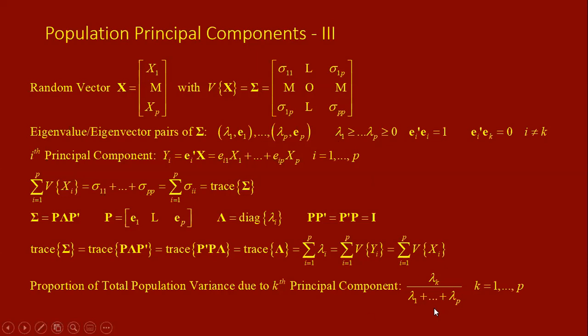You remember the other time that when you obtain lambda 1 up to lambda p, the addition of the eigenvalues is the total variation, okay? So if I add lambda 1 up to lambda p, the denominator right here is the total variation. To measure the proportion of the total population variance due to a particular principal component, I'm going to do the ratio right here, okay?